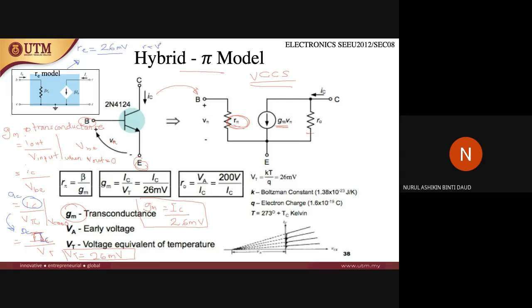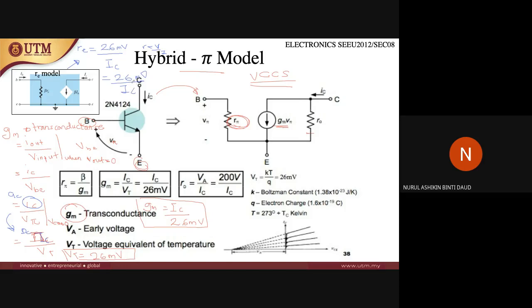We are using Ohm's law, V divided by I, and I output is IC. So it will be 26 millivolts over IC.